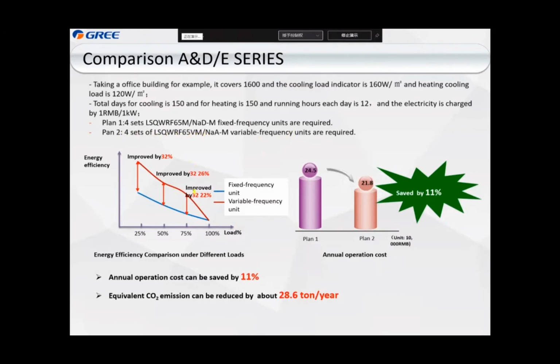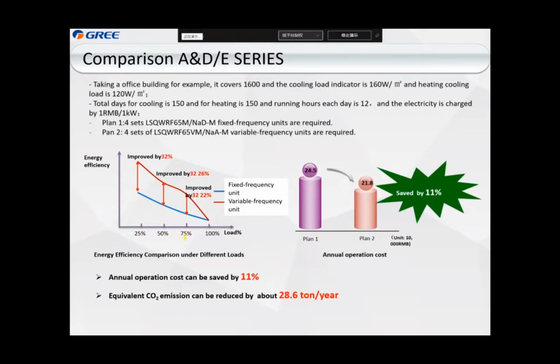After that, we get this data. You see the blue color is the fixed frequency unit, and the red color, variable frequency, is the inverter. You see the SEER, the efficiency, for every part load increases a lot, at 25%, 50%, and 75%.